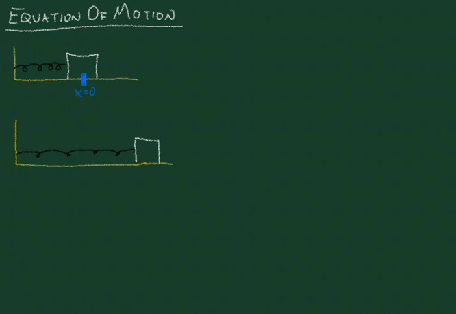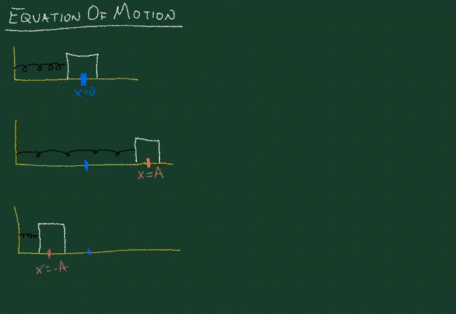So now we still have our mark for x equals 0. Now we have a new mark for x equals a, and then we let it go. And we notice, of course, that it's going to oscillate, and then at some point it's going to be compressed, and we'll find it back at the spot x equals minus a.